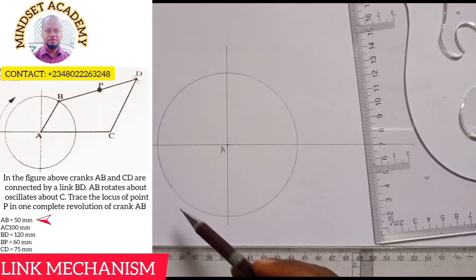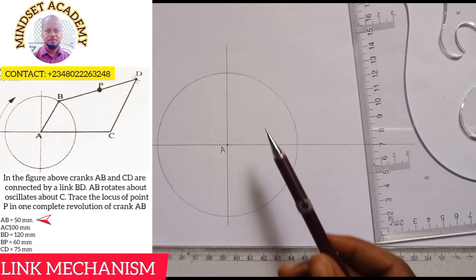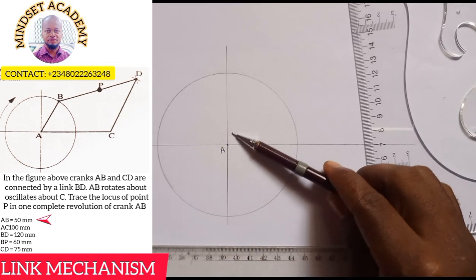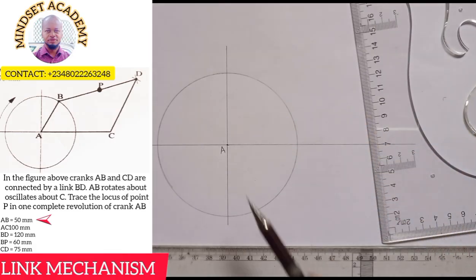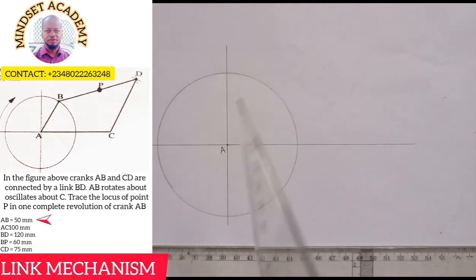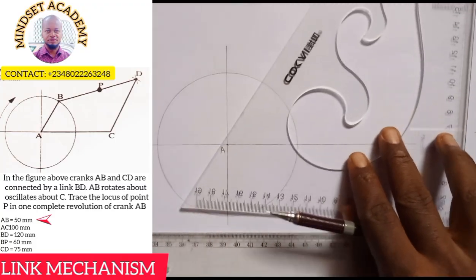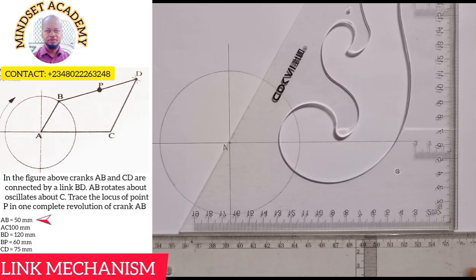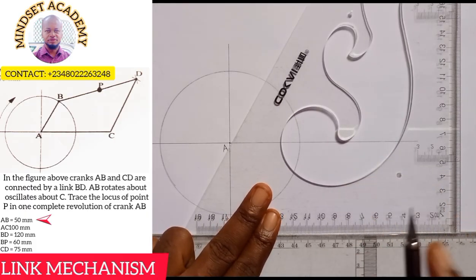Now, since we are told that the circle moves in one revolution, our aim is to divide this circle into 12. It means that this point B here is 30 degrees to the vertical. How did I mean? Just take your set square, place it on your T-square this way. Can you see that? Then just draw your line at this point.